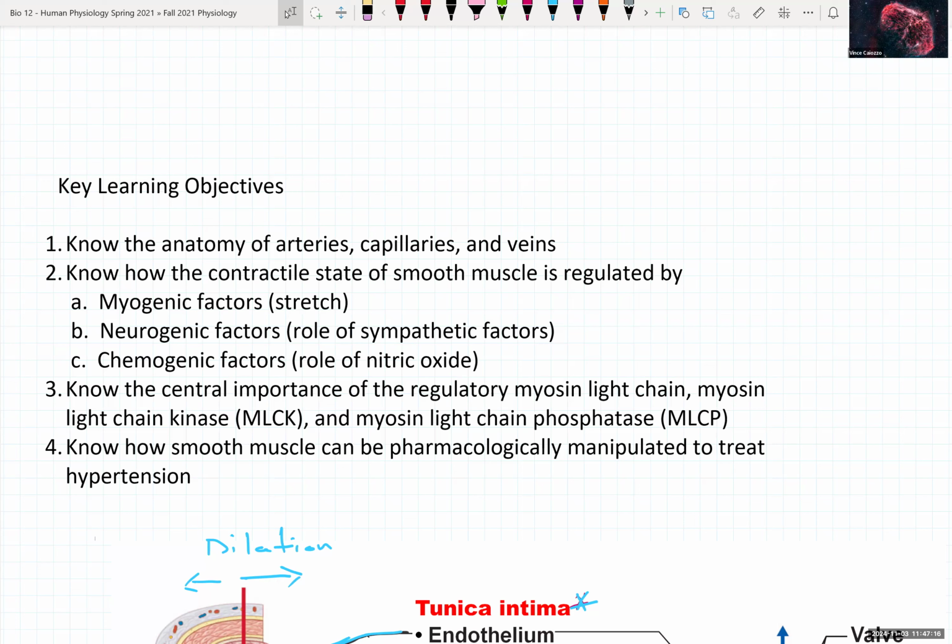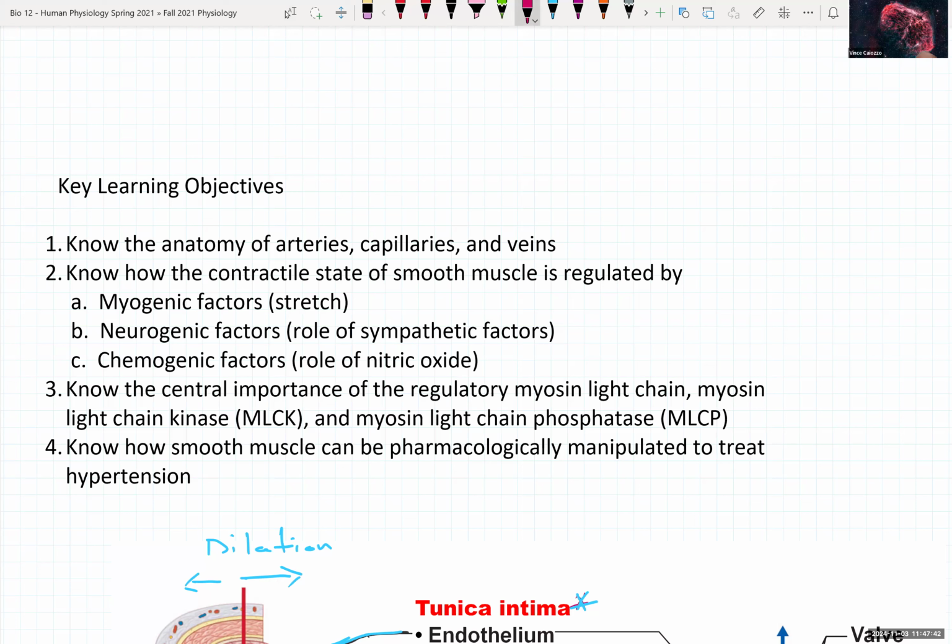In skeletal muscle, you learned that this is a very complicated process. Somewhat similarly, the process in smooth muscle is also complicated, but much different than that in skeletal muscle. In talking about how the contractile state of smooth muscle is regulated, we need to be thinking about three different pathways or mechanisms.